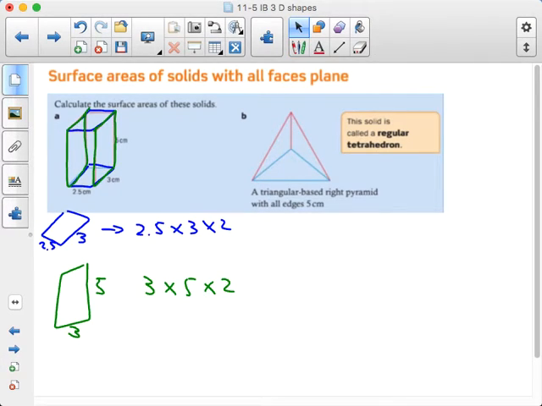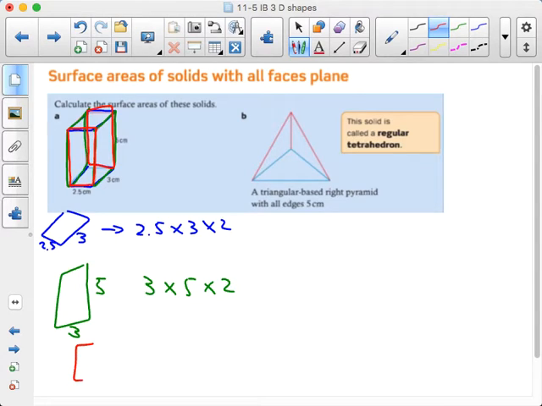And then last but not least, there is another rectangle over here. Sorry if all these colors are confusing you. So another rectangle over there, and that rectangle is 2.5 times 5, and again, there are two of those.